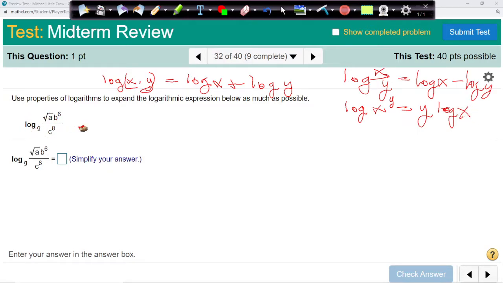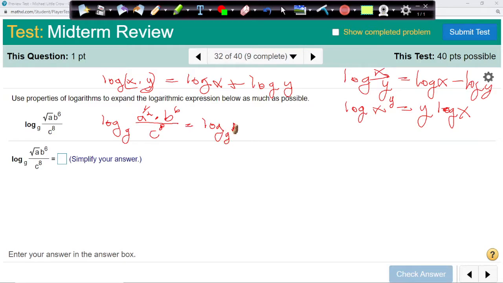And for this logarithm, we want to recognize a square root is an exponent. It's a 1/2 power. So this is log base g of a to the 1/2 times b to the 6th divided by c to the 8th. So we got multiplication on the top and division by c. So I like to just do these first. So this is going to be a plus and this is going to be a minus. Anything in the denominator gives us a minus. Think of it as negative exponents, right?